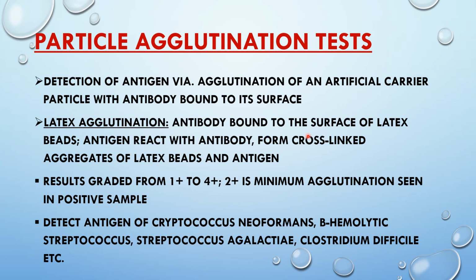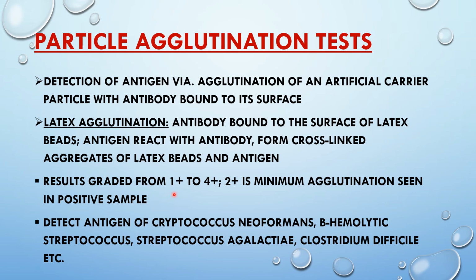So antibodies are bound to the surface of latex beads, and when we mix these latex beads with the antigen, an antigen antibody reaction occurs, and a cross-linked aggregate of latex beads as well as antigen forms.